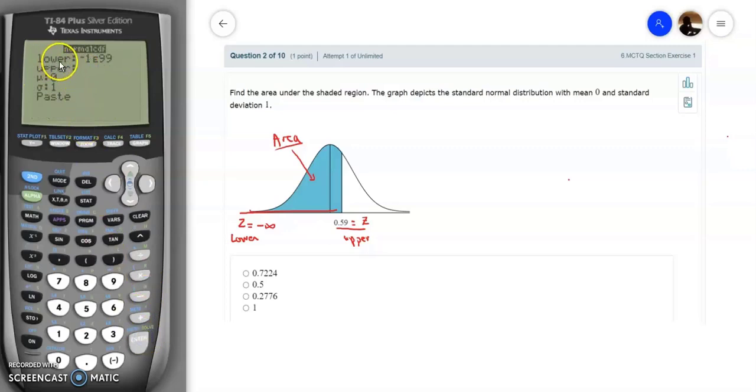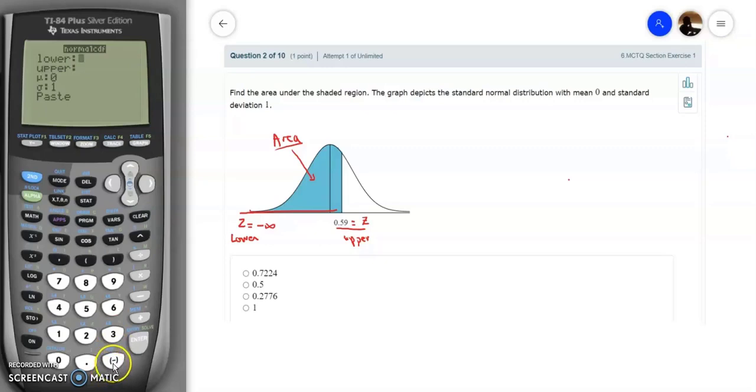Now, by default, the lower end is -1 E 99. That's basically minus infinity, right? It is negative, and 1 exponent 99 is a huge number, which is infinity. So how can I type it if I don't have it? Simple.